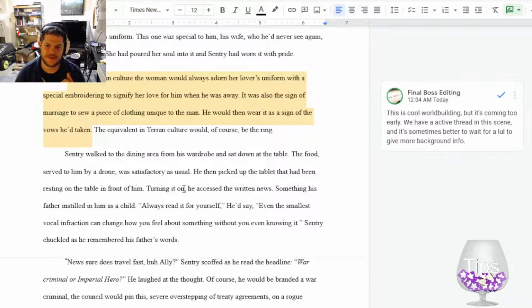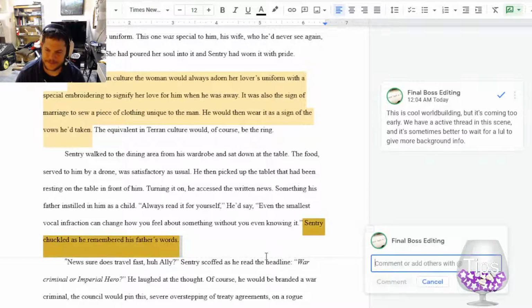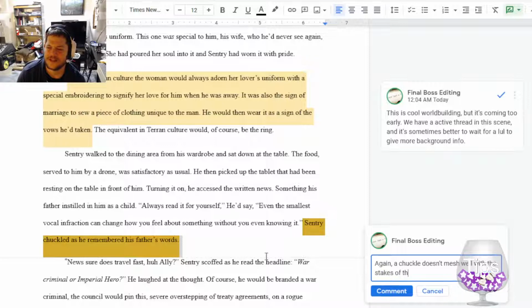Even the smallest vocal inflection can change how you feel about something without even knowing it. So, a chuckle doesn't mesh well with the stakes of the scene as I understand them.